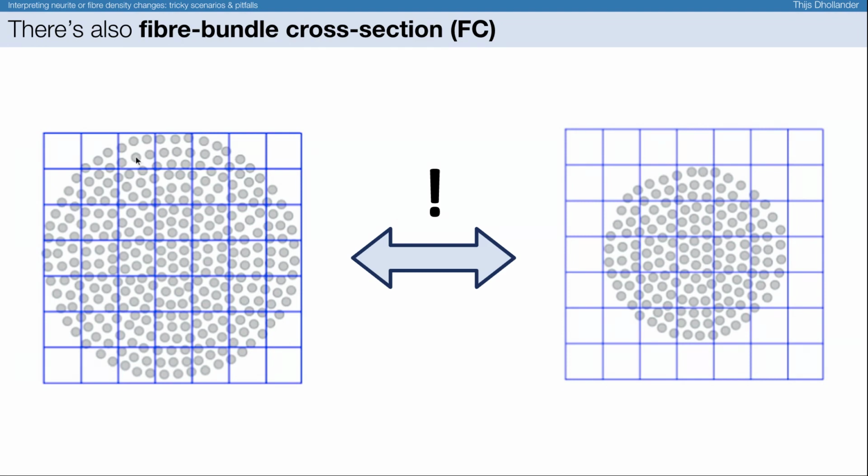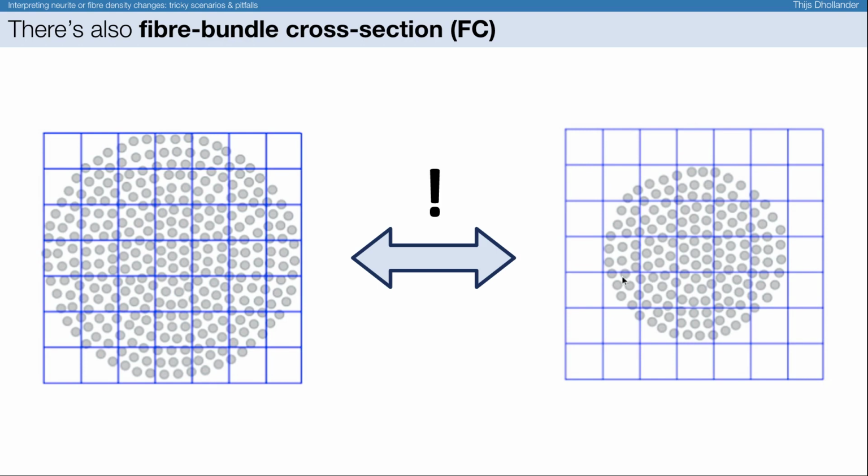And actually throughout this entire fiber bundle, we see the same kind of density of axons as we see throughout this one. So with voxel-based analysis, or even with our fancy Fixel-based analysis, we would first register these to each other to overcome the differences in location and size of the bundles.